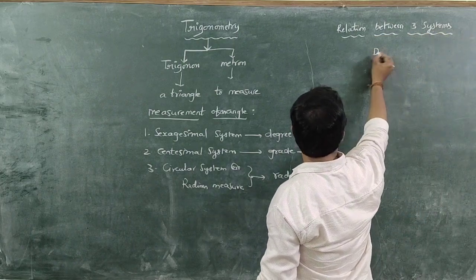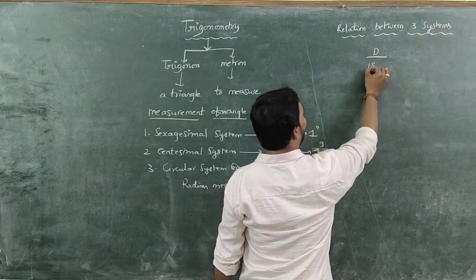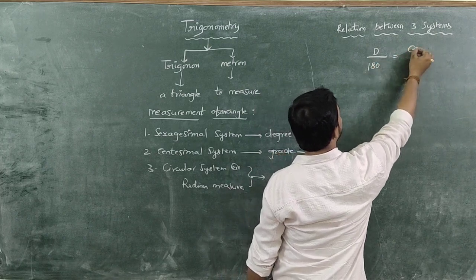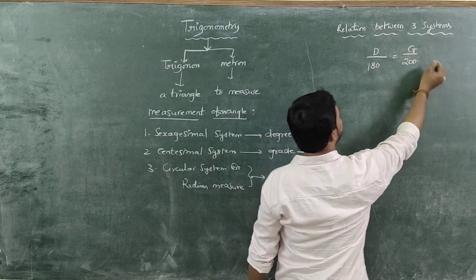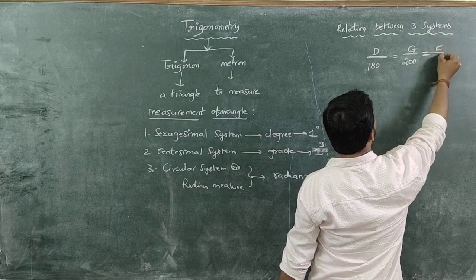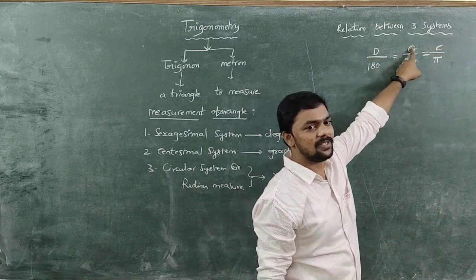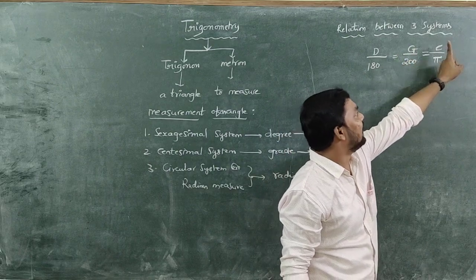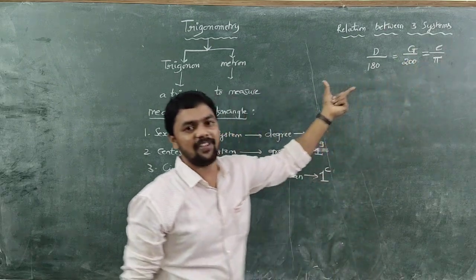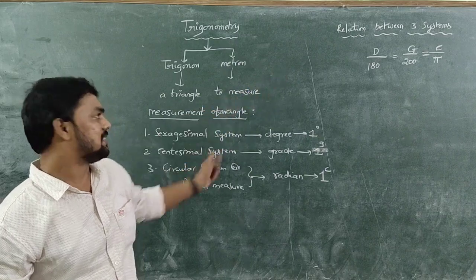That is D by 180 is equal to G by 200 is equal to C by pi. Here D means degrees, G means grades, and C means radians. So this is the relationship between the three types of systems.